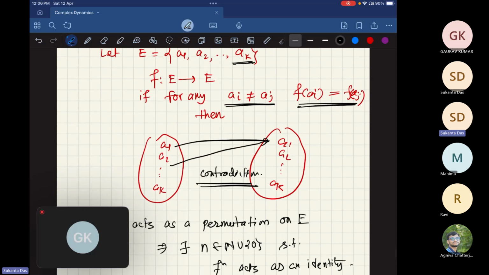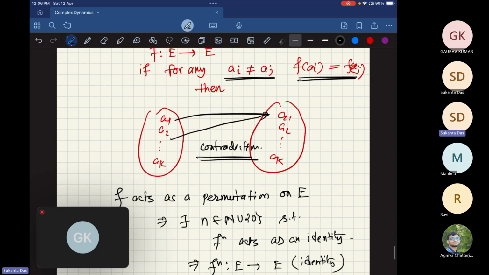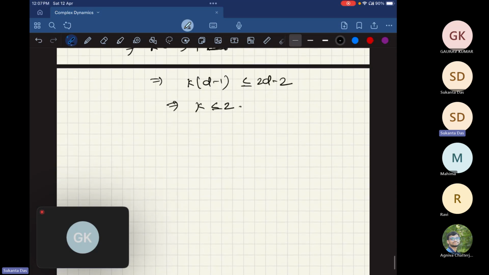Yeah. So now I'll just end this session by showing why this cannot happen, what I have assumed. So suppose there are 2 points a_i, a_j. Under the f map, a_j is going to a_i.